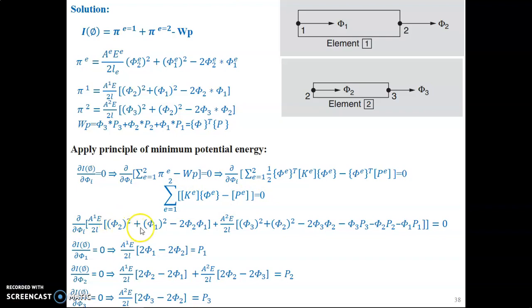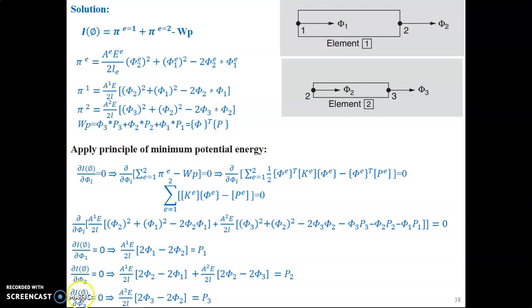Here we have expanded the expressions for the potential energy for the first element, the potential energy for the second element, and the work done by the external forces. Now differentiating this term with respect to the displacement at node 1, we will get this equation. When we differentiate with respect to the displacement at node 2, we will get this equation.